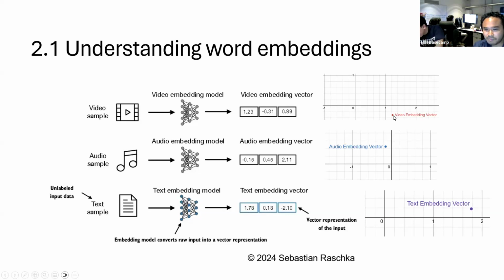This is where the sample would be mapped onto this space. This audio embedding vector would be plotted here, and the text embedding vector would be here. But this is a simplified visualization, and we can only visualize 3 dimensions, but the vectors can go into very, very high dimensions.